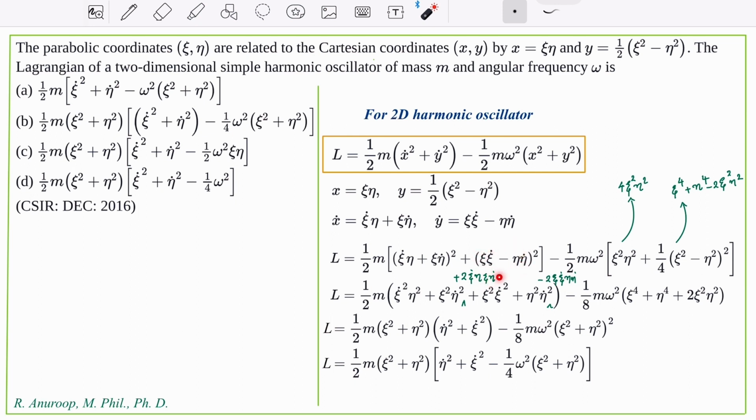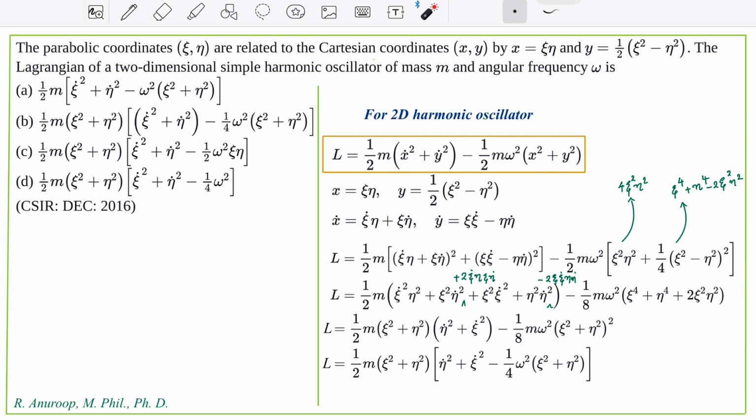Now let us expand the second term, that is psi square (psi dot square plus eta dot square minus 2 times psi dot eta dot). Now we can clearly see that this term and this term cancel. So we have only 4 terms inside the bracket. That is, psi dot square eta square plus psi square eta dot square plus psi square psi dot square plus psi square eta dot square.